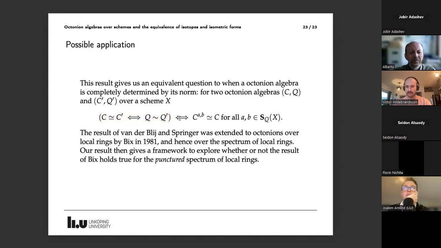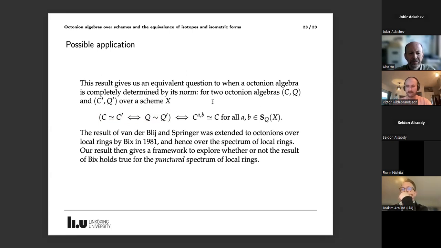And this will be then, since this part is equivalent to the statement that this C prime is isomorphic to some isotope of C, then we must have that C is isomorphic to all its isotopes.